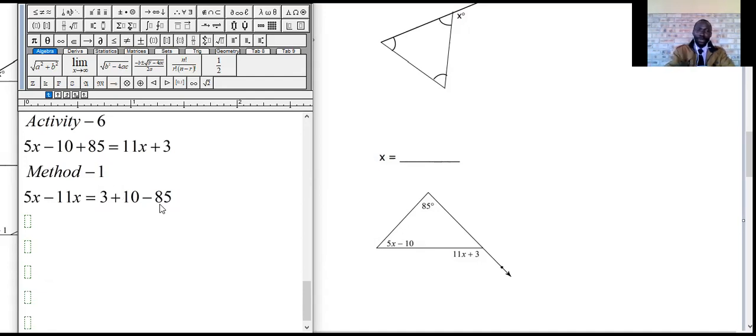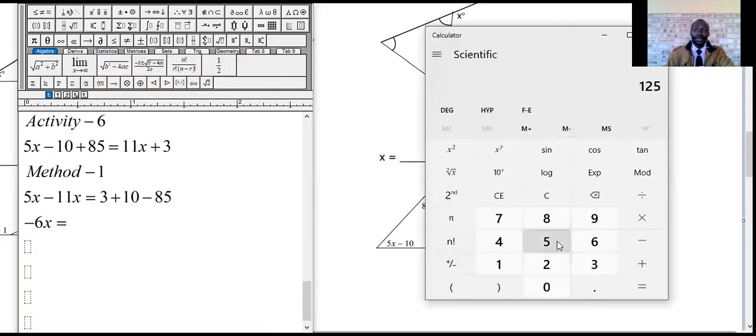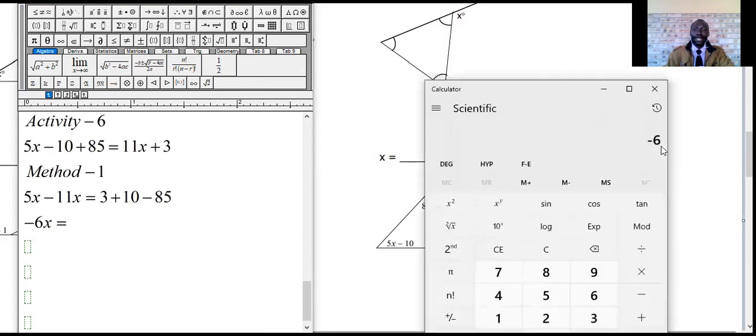Now, notice that what we are going to have on the left-hand side is negative 6x. This negative 6x is now equal to, well, we got negative 6x after taking away 11 from 5, which you can see for yourself here. So 5 minus 11 gives us negative 6.